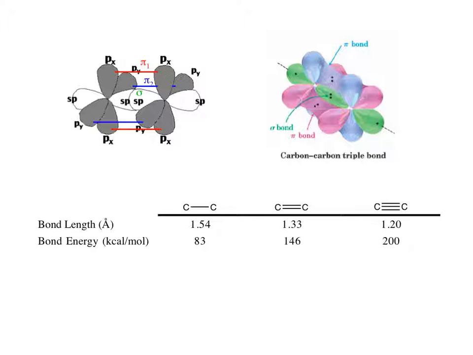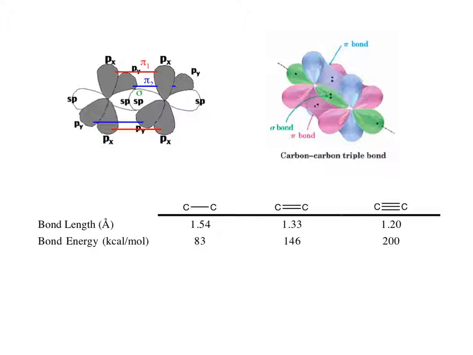But note that just as in the alkene, the strength of the carbon-carbon triple bond is not triple the strength of a carbon-carbon single bond, and that shows us that the pi bonds are weaker bonds than the sigma bond.